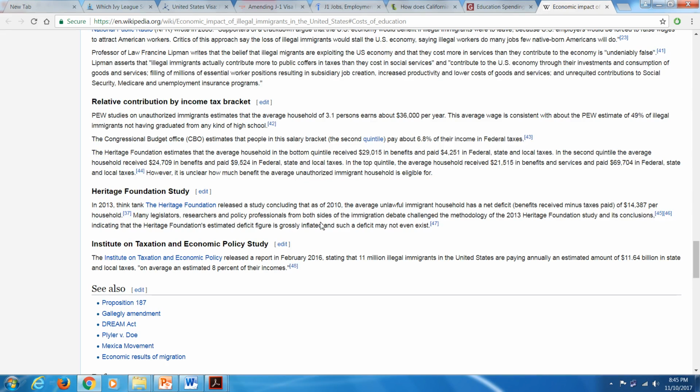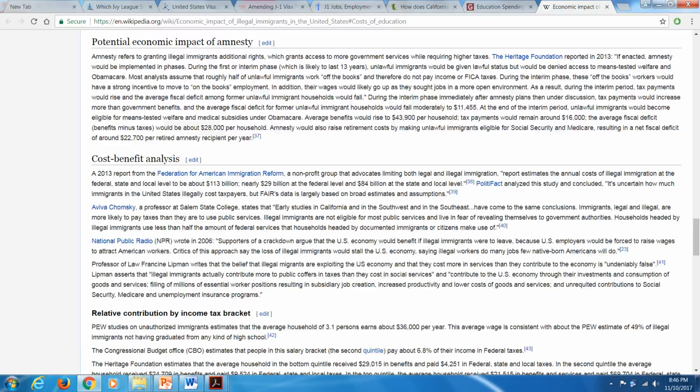Okay, then the Heritage Foundation study looked at benefits minus taxes paid. The average unlawful immigrant household had a net deficit of $14,000 per household in 2013. So that's the average, but now we'll get into the real details.